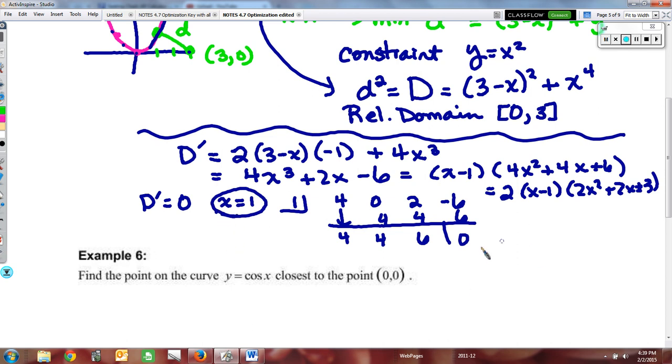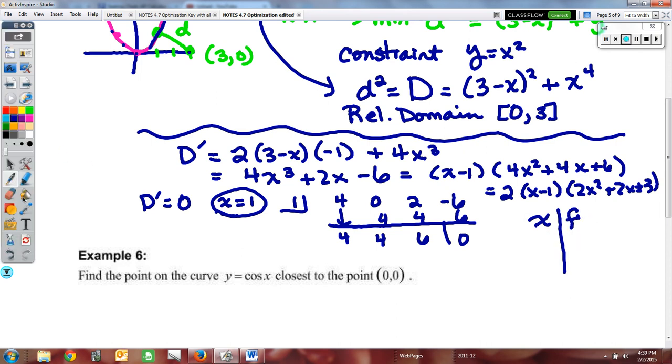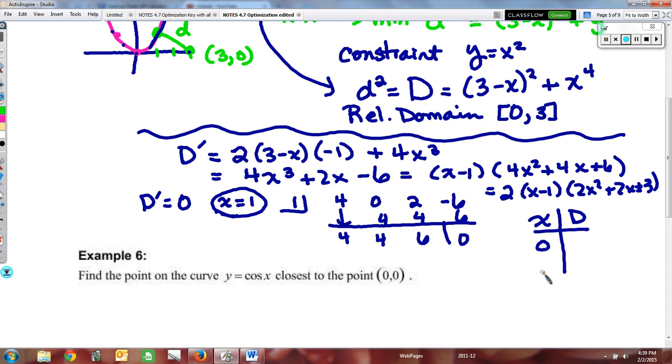Now remember that we're only interested in EVT, so we're just going to make a chart. And so we just need to do our big D at our endpoints, 0 and 3, and at our critical value, 1. And so if I plug it into D, if I put in 0, I would get 9 plus 0, or 9.